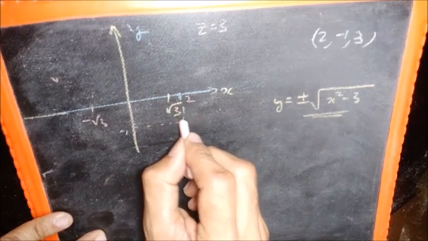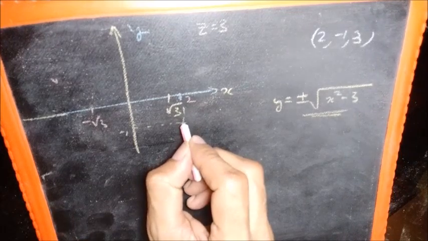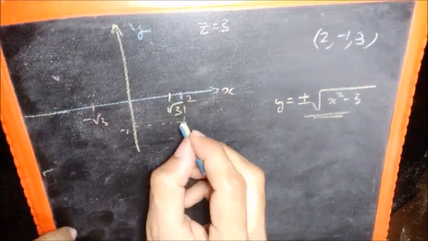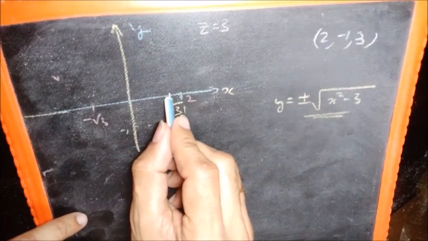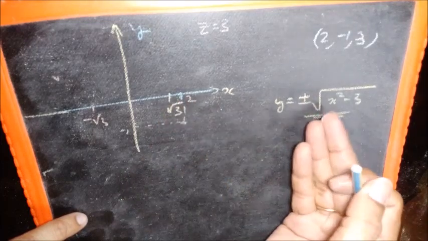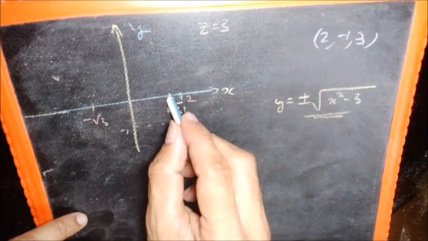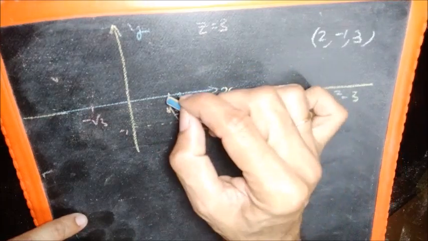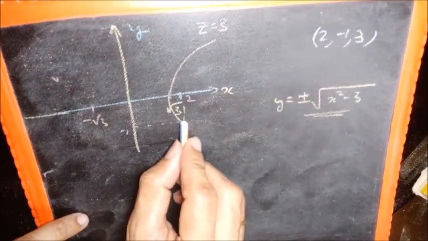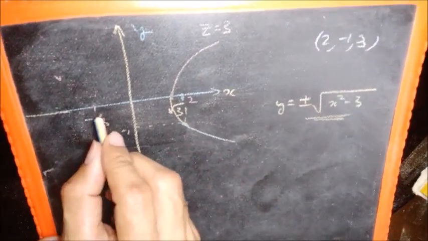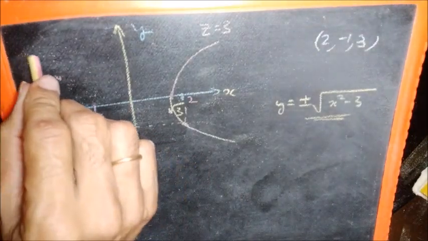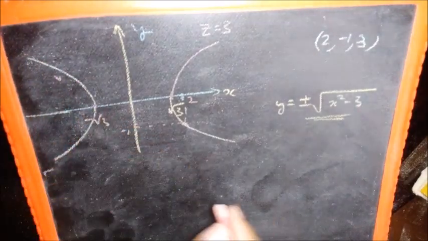Right, so this is the point x 2, y minus 1, z 3, because this plane is z is equal to 3. And that means we have our interface. Now you can see what happens as you increase the values of x. Our interface will be like this, and the same story here. So this is our interface.